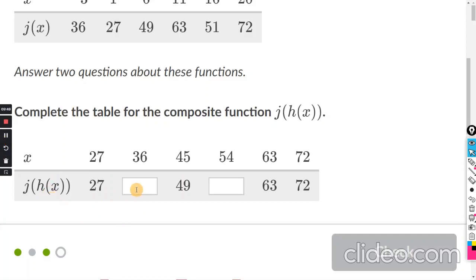So we have a blank space here. We see that x is 36, so we have to find h of 36 first. So this box right here is going to be j of h of 36.